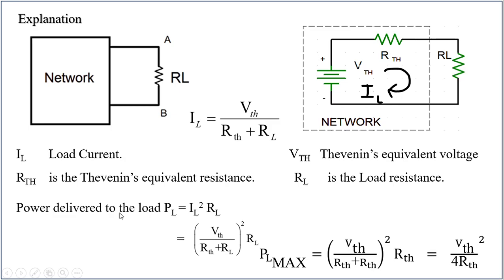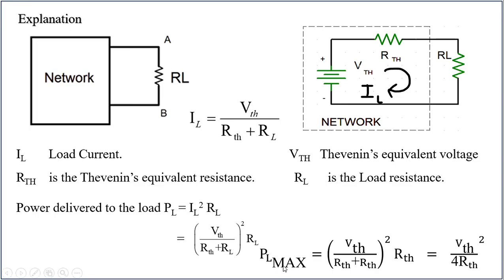So the power delivered to the load PL is equal to IL square into RL. We know the formula for IL: IL is equal to VTH by RTH plus RL. We substitute that here, and according to the maximum power transfer theorem, maximum power will be delivered to the load if RL is equal to RTH. So we substitute RTH in place of RL in this formula, and the power delivered will be maximum.